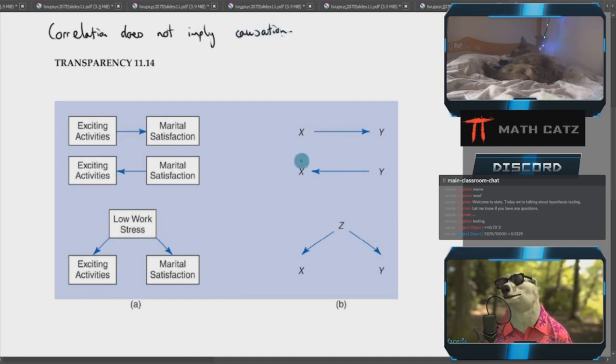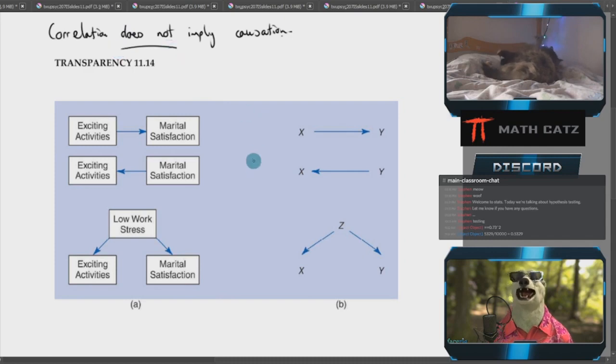What does that mean? It means that if there is a correlation between two variables, it does not mean one causes the other. It could, but it doesn't necessarily mean that. All the evidence is saying is that there is a connection. It does not say what that connection is.